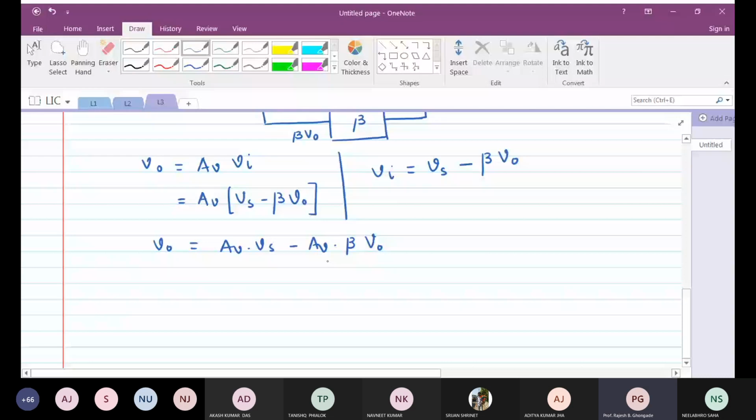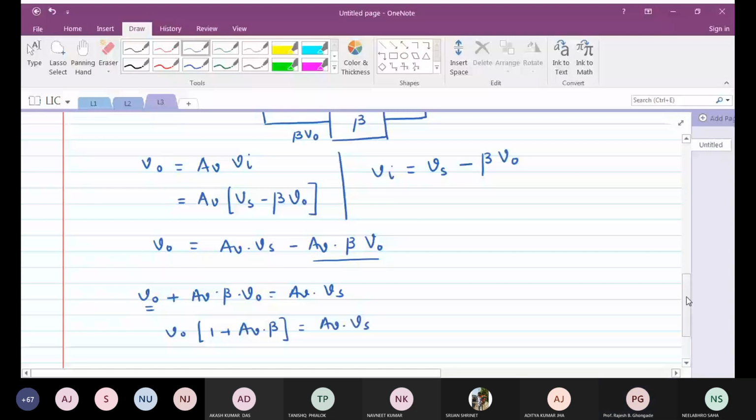VO plus AV into beta into VO is AV into Vs. Now I can take VO common, becomes 1 plus AV into beta, is equal to AV into Vs. So what is the overall voltage gain with feedback?